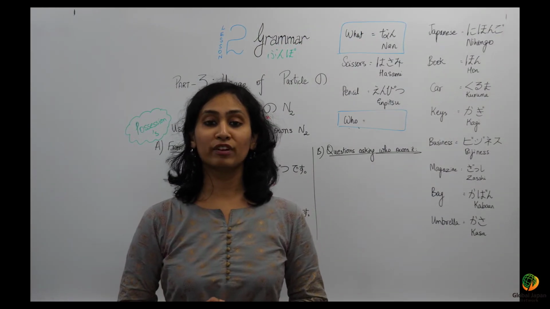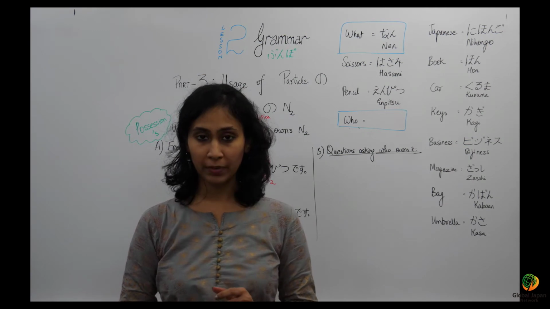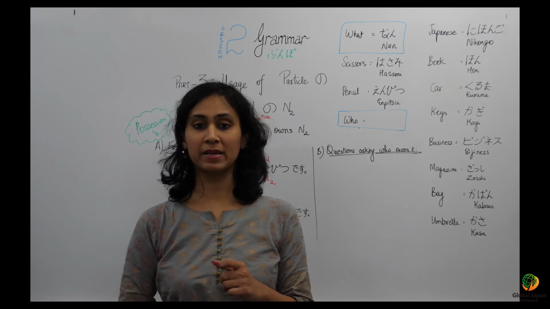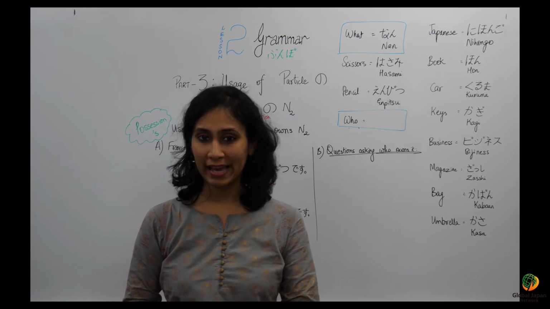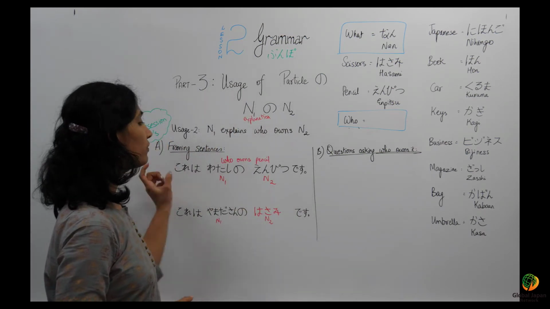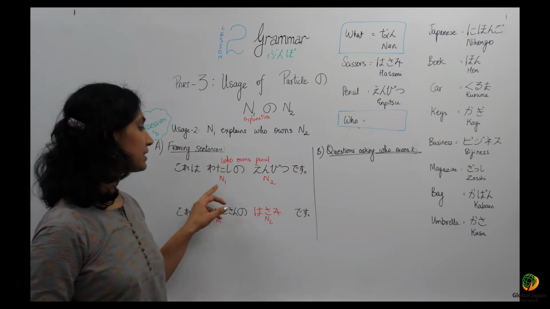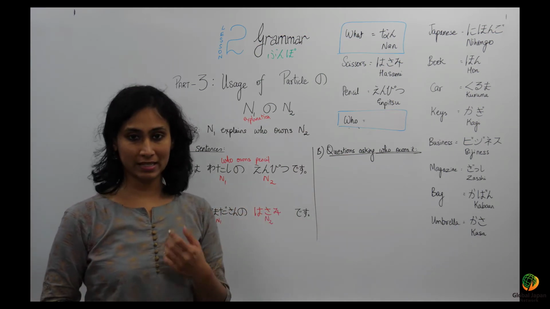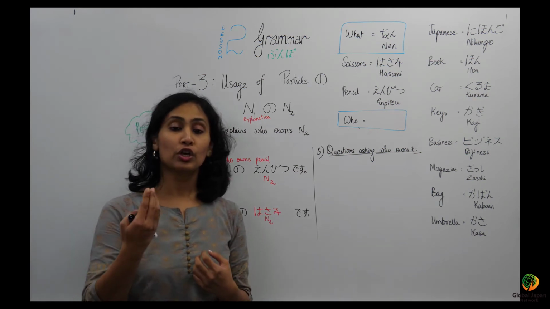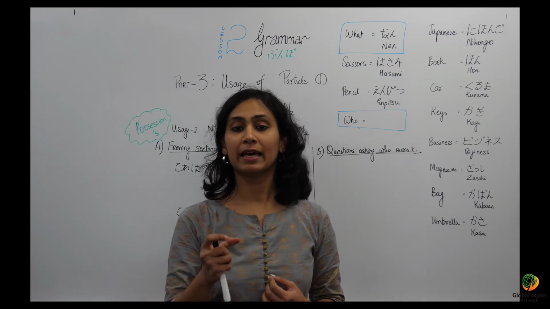Now let's learn framing questions of this model using the particle no when N1 speaks about who owns N2. These are the sentences for which we will try framing out questions. This is my pencil is a statement. You are going to ask me, whose pencil is it?